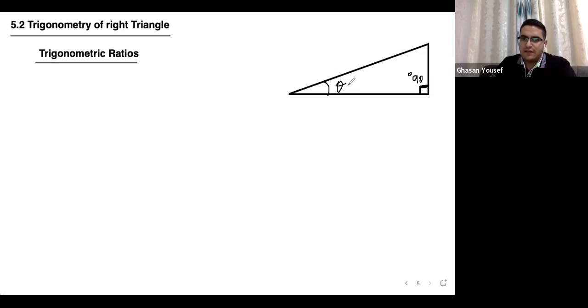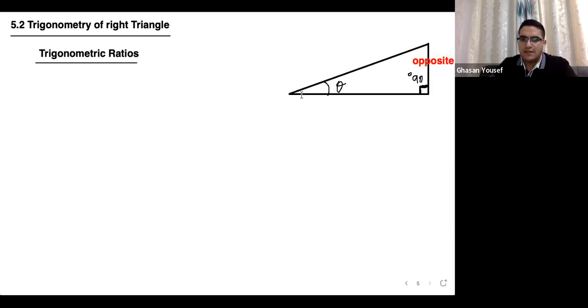The side that is in front of theta is called the opposite side. So this is the opposite. Clear?